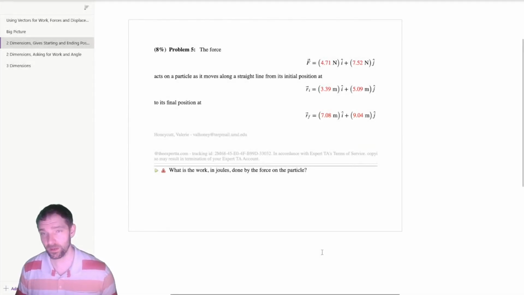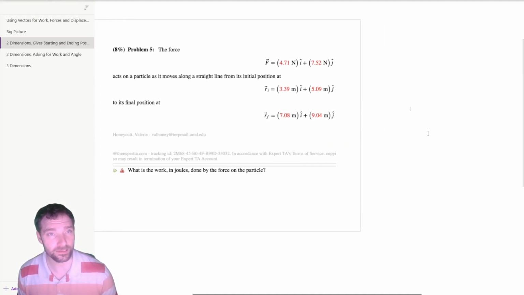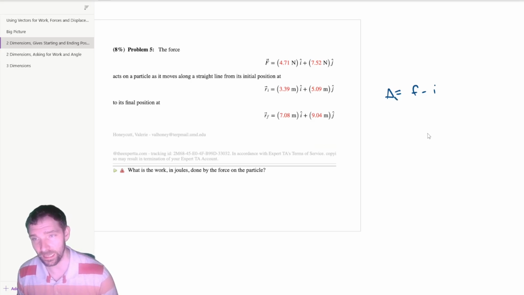So if we look at this problem, there's a couple things that I can see going on. We've got the force, but we do not have the displacement given, but we can see that the displacement is going to be the change, final minus initial. So we can do that for the x-axis, and we can do the same thing for the y-axis as well.